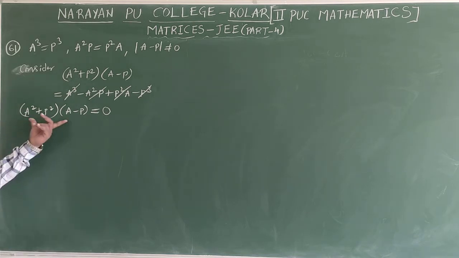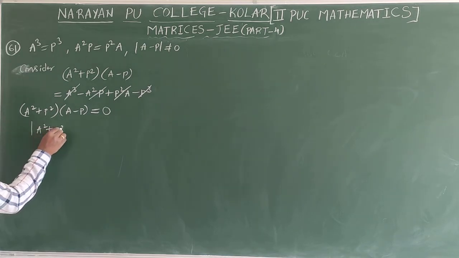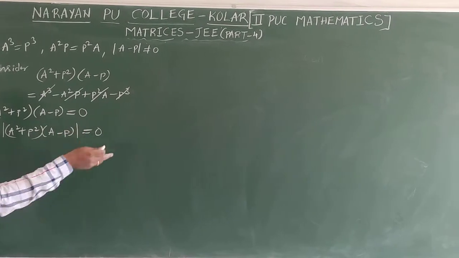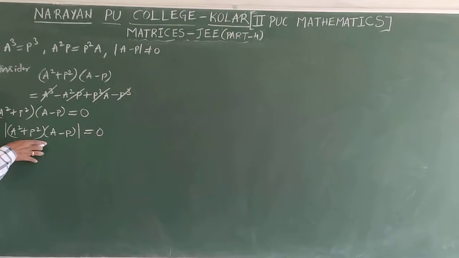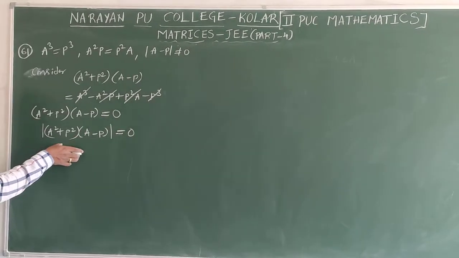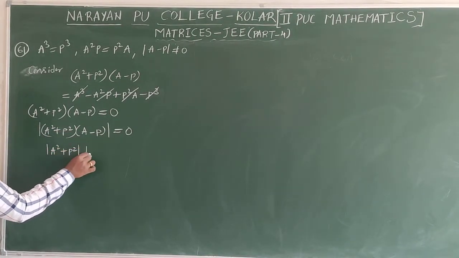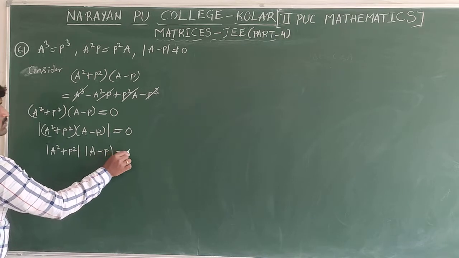When the product of matrices is 0, its determinant will also be the same only. I am applying det of this. Det of (A square plus P square) into (A minus P) is equal to det of 0 matrix, which is 0 only. Det of A into B we can write as det A into det B. Det of (A square plus P square) into det of (A minus P) equals 0.